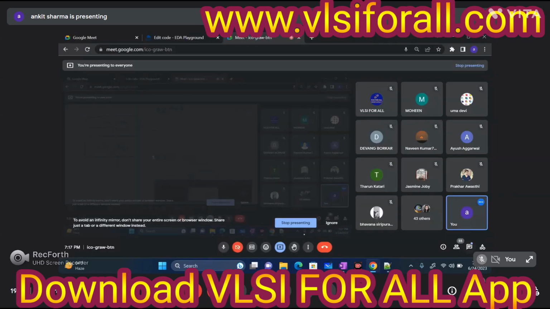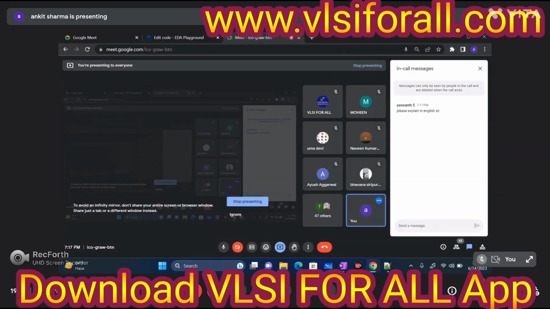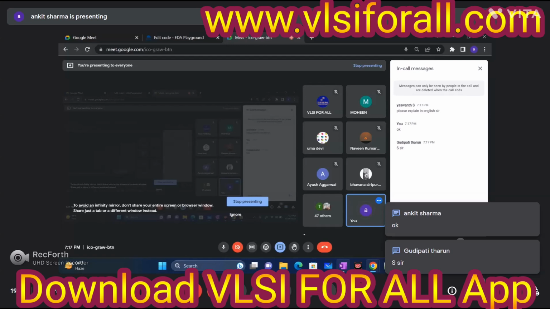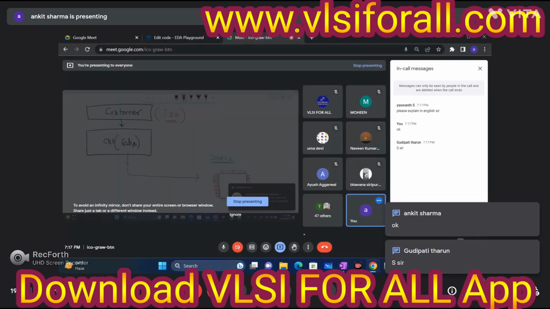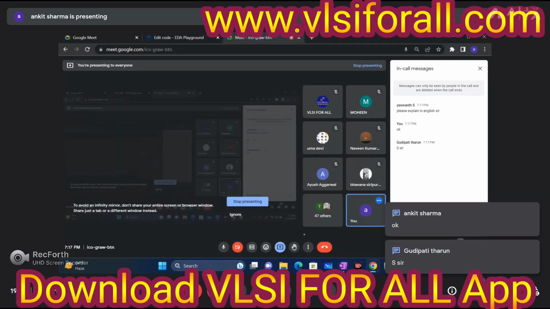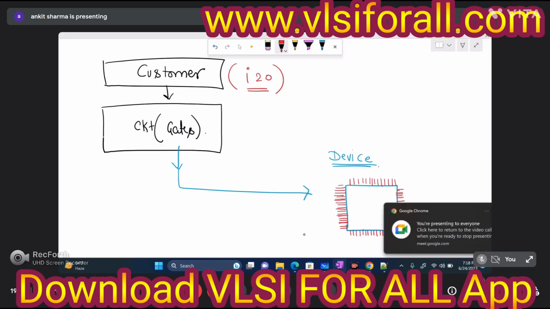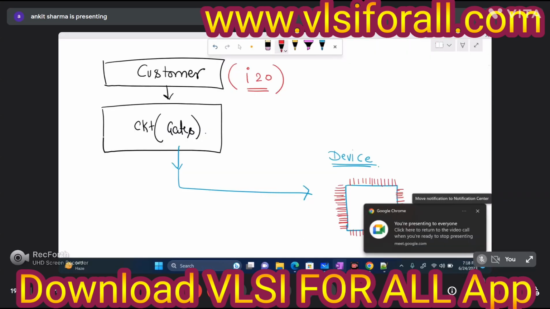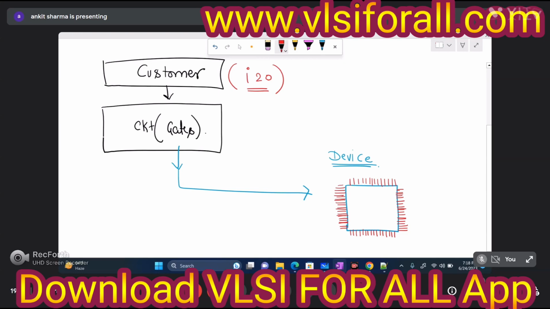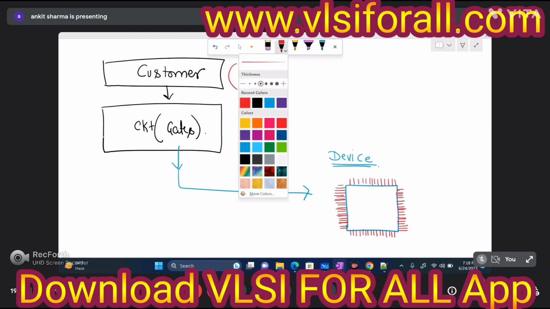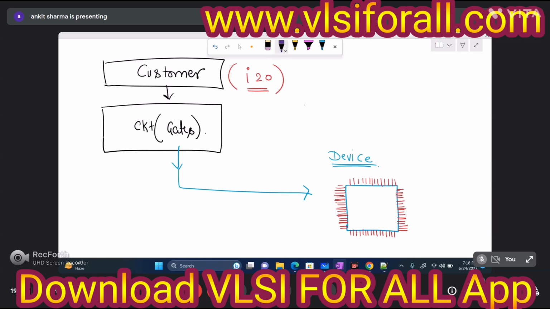Okay, let's suppose this is a processor. Now what happens here?